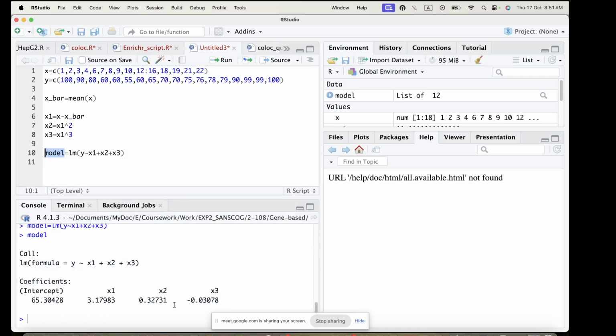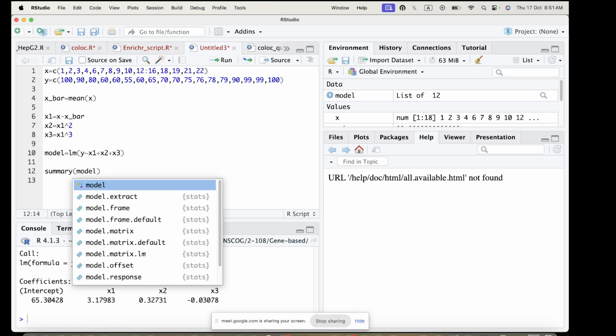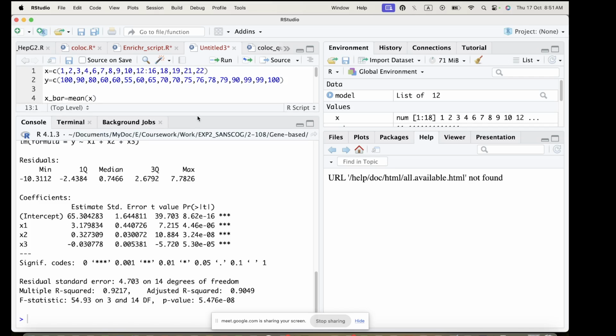These are the parameters and intercept terms, okay, and this is the coefficient of intercept, coefficient of beta 1, beta 2 and beta 3. And if we give summary model, we see the question was whether we can ignore the x3 terms, and the answer is no, we cannot, because this is highly significant.